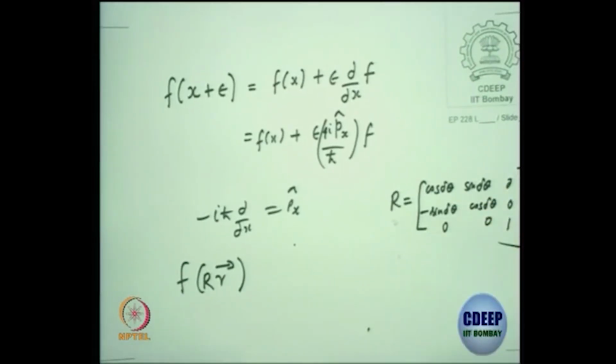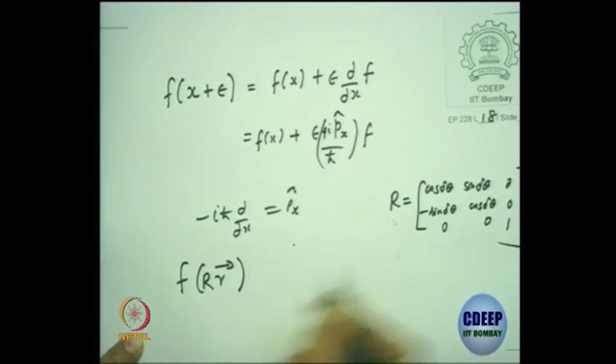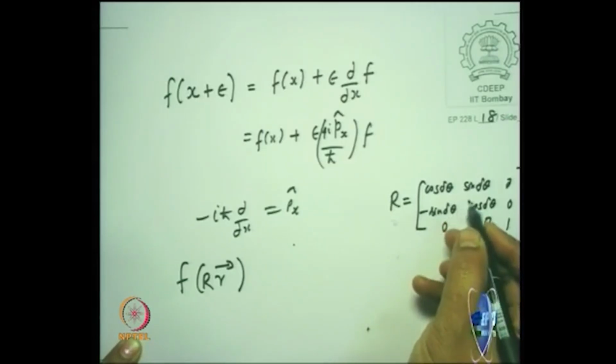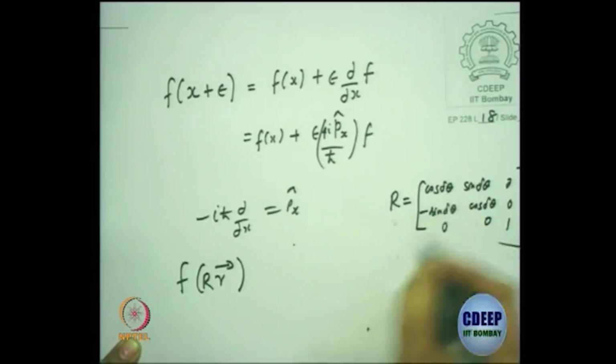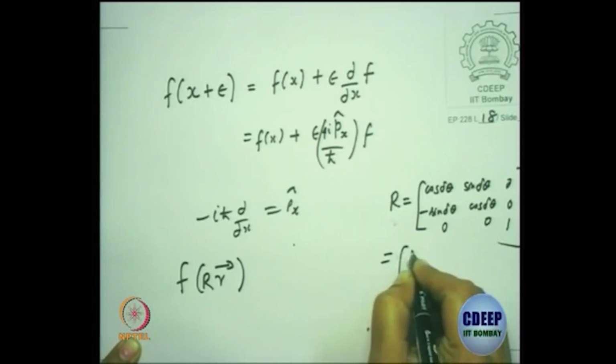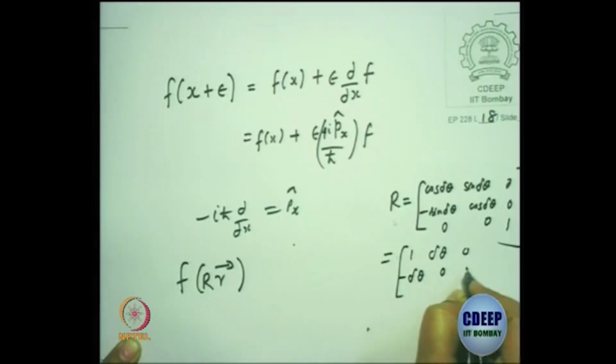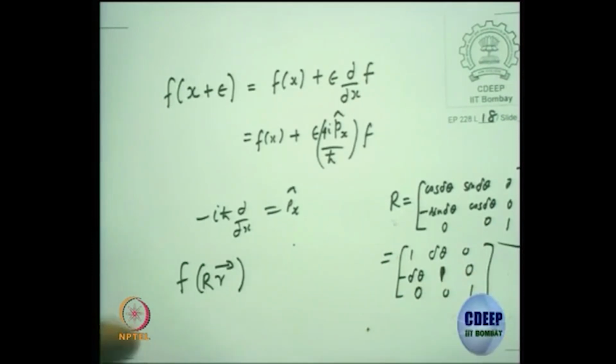Can I do this? For an infinitesimal delta theta small, keeping only the linear term in delta theta, this can be written as 1, delta theta, 0, minus delta theta, 1, 0, 0, 0, 1, right? Can I do this?